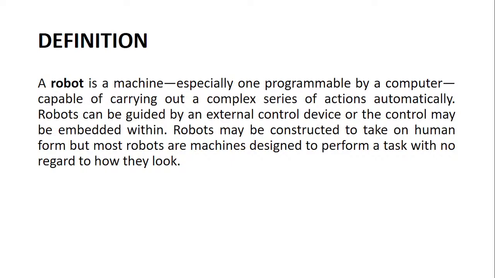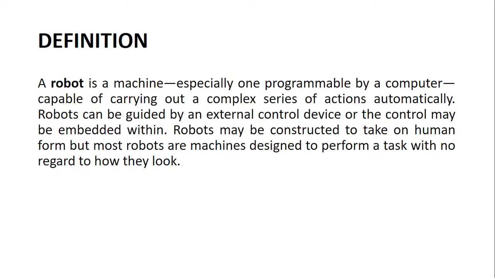For example, in an assembly line, we don't need a humanoid robot. We just need manipulators. They should be able to pick things, and there should be welding robots, so different types of manipulators fixed to a position, and they can move around based on the programming and do things within that fixed position.